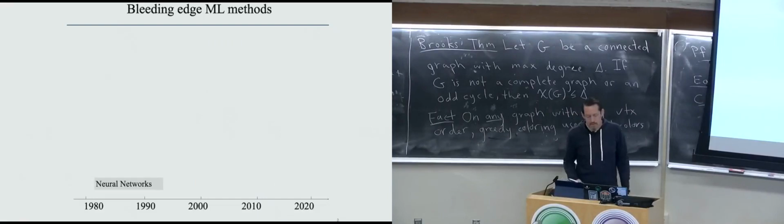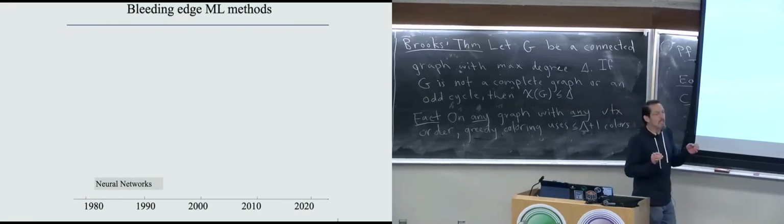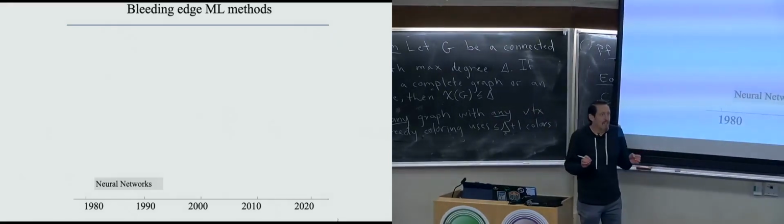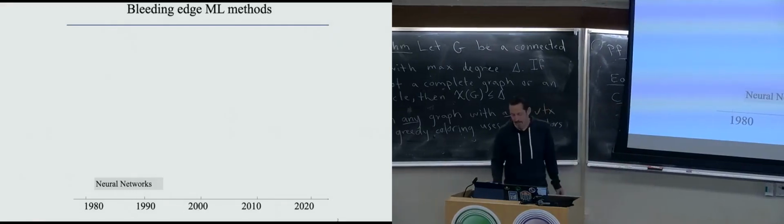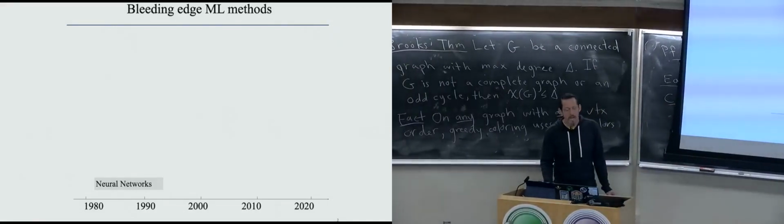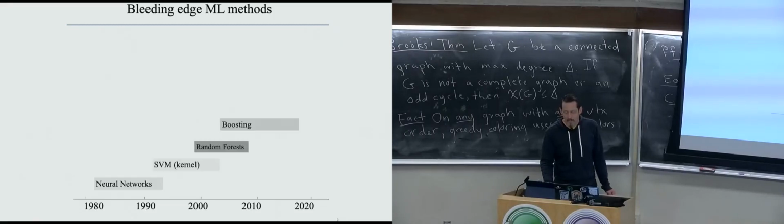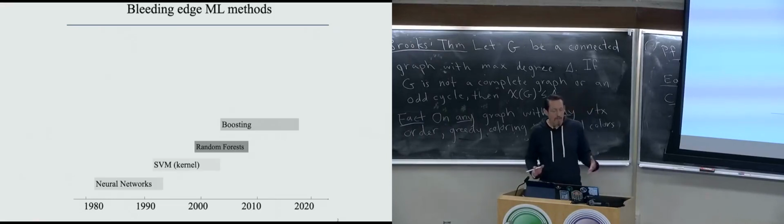So just to put it in context, when we get to boosting, we're actually approaching the current trends in machine learning, all right? Way back when, the bleeding edge, high research stuff was original neural networks. Over time, this has evolved.